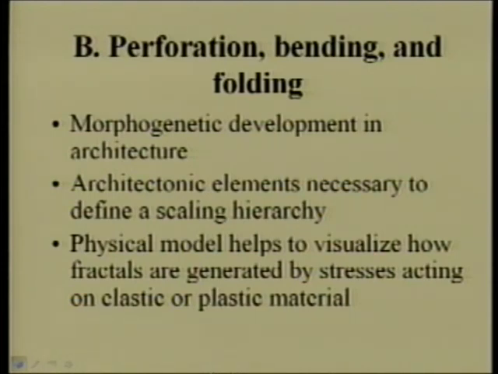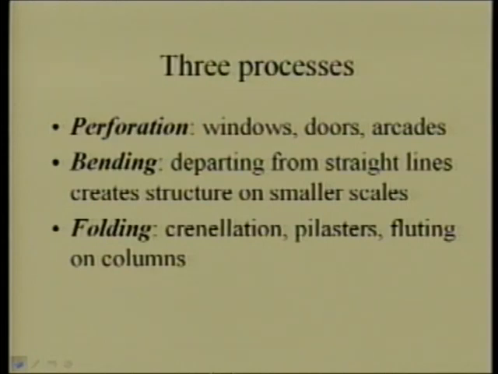So I think this model has proven useful to visualize certain processes that give rise to fractal structure, and this is how I'm going to do that. Three processes: perforation, which goes hand in hand with the perforated fractals, but perforation, say, in architecture, you have perforation of a wall. You get windows, doors, arcades, these are perforations in a wall.